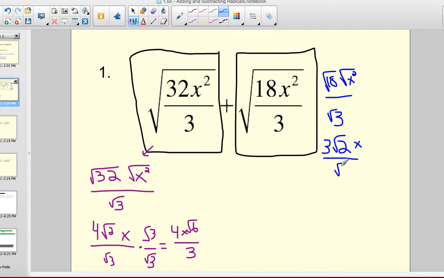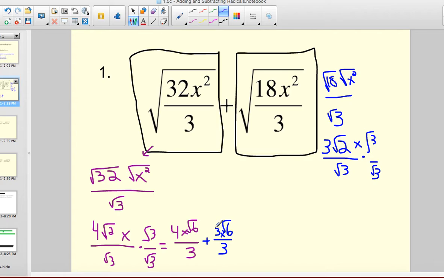And then over root 3. We're going to multiply by root 3 over root 3 again, and we'll end up with something like 3 root 6, plus 3 root 6 over 3. Now here, 3x root 6, I forgot the x. 3x root 6 over 3.